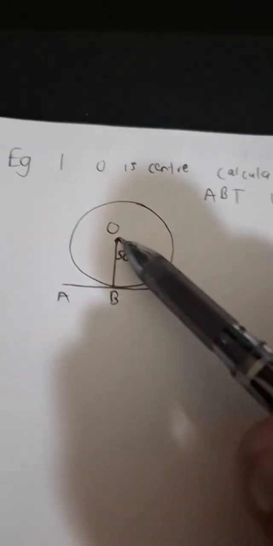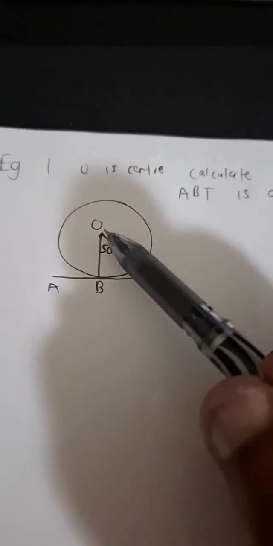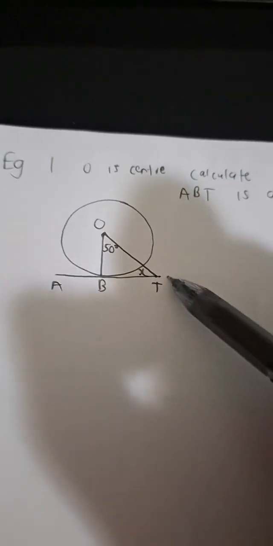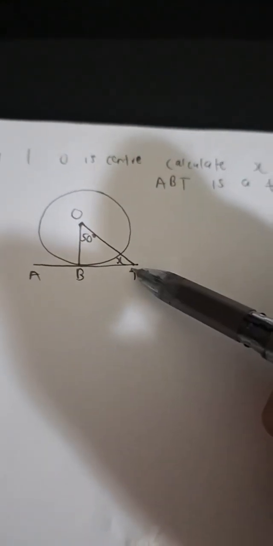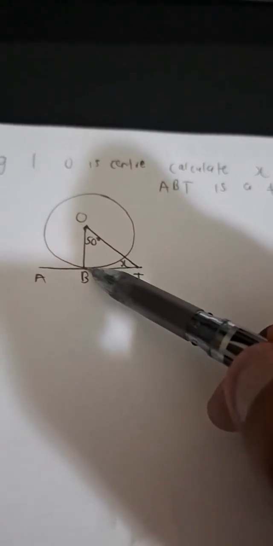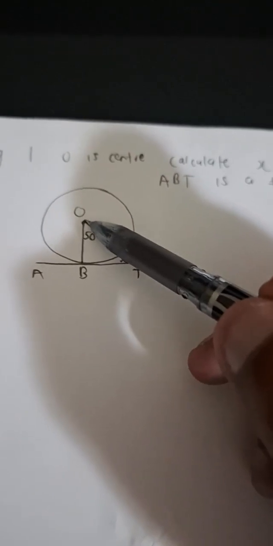This is a line from the center to the circumference. We can see that ABT, we are told, is a tangent. So what is the relationship that exists between OB and AT? What do we say about the tangent that touches the circumference of the circle and meets the radius at the point of contact?